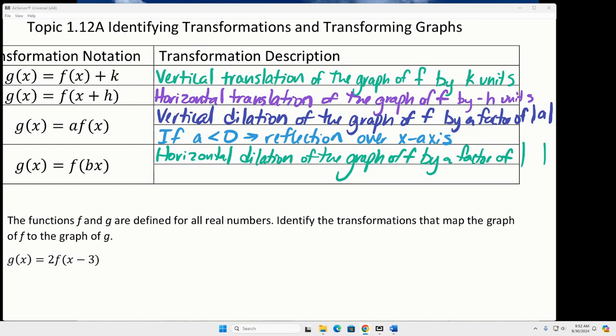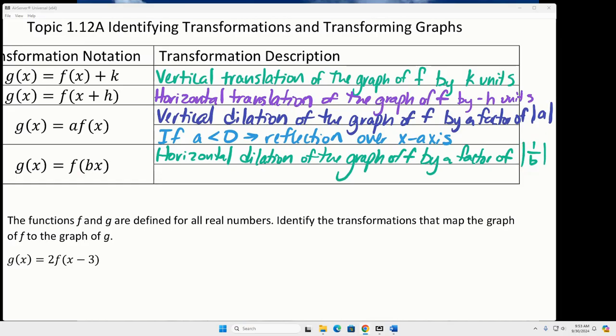Nope, but that's a good guess. That's okay. It's going to be 1 over B. So this negative H is actually the additive inverse. The additive inverse is the opposite. 1 over B is the multiplicative inverse.